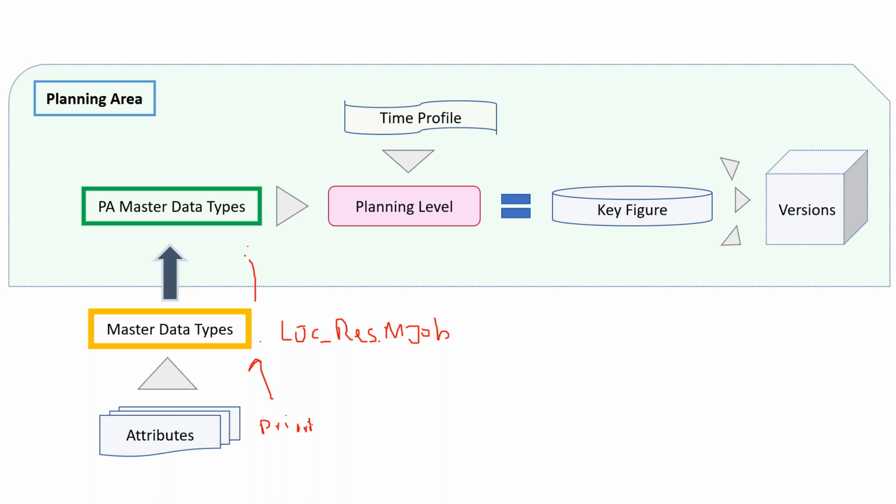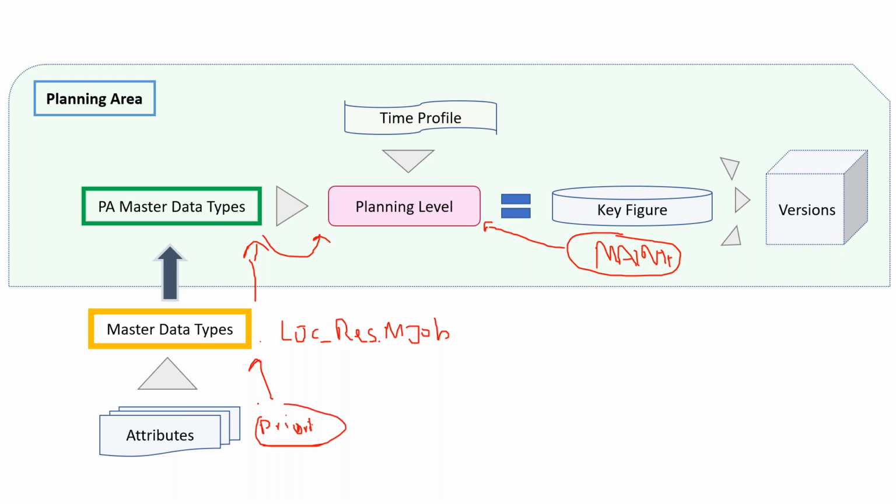And then we further extended this priority attribute to the planning area. And if the final agenda is to see the maintenance activities for our location resource, and you also want to report it at the priority level, then whatever base planning level this maintenance key figure has, you also have to map the priority to that planning level.